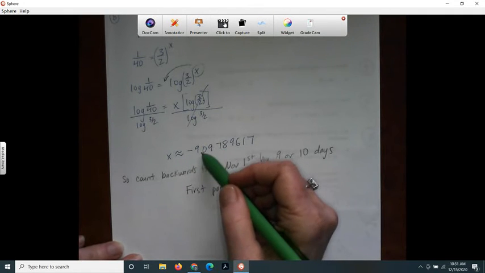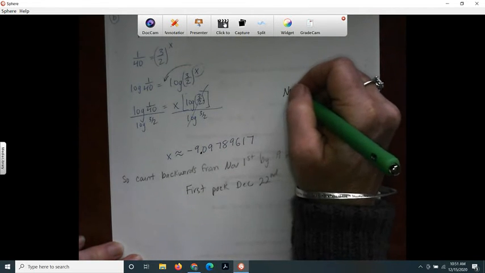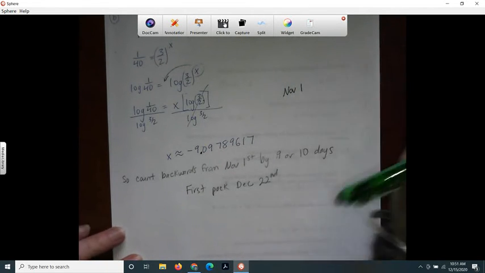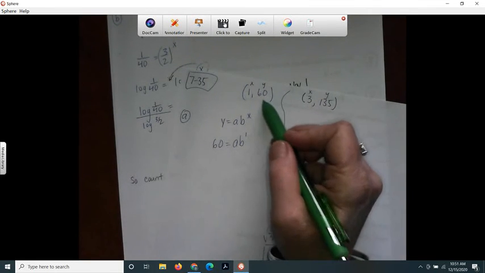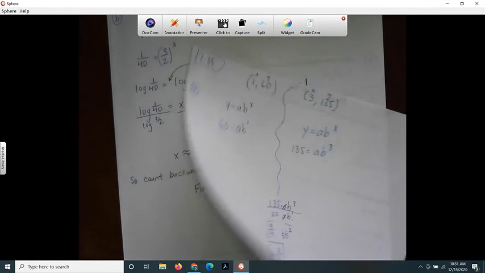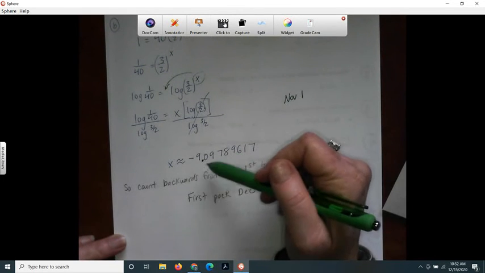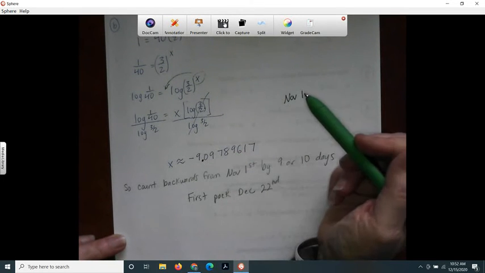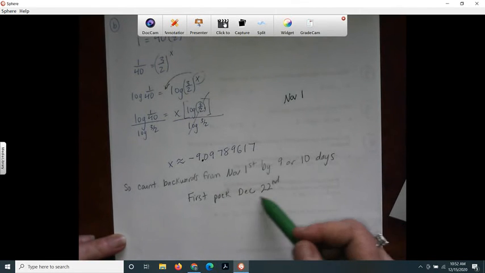At first I thought, okay, it's a negative number, and that kind of makes sense because November 1st is when he noticed that he had 60 pockmarks. So the negative means I have to count backwards. At first I counted back 9 days and got December 23rd.